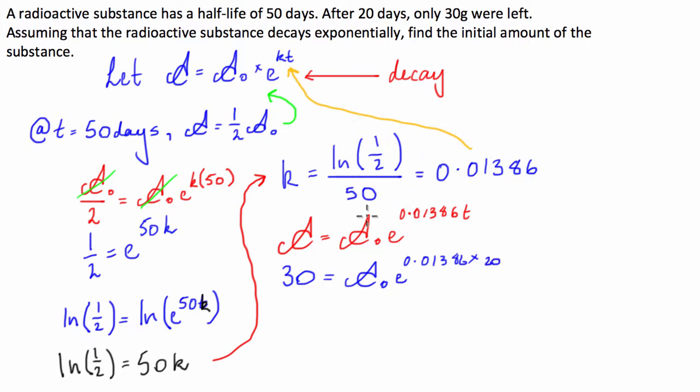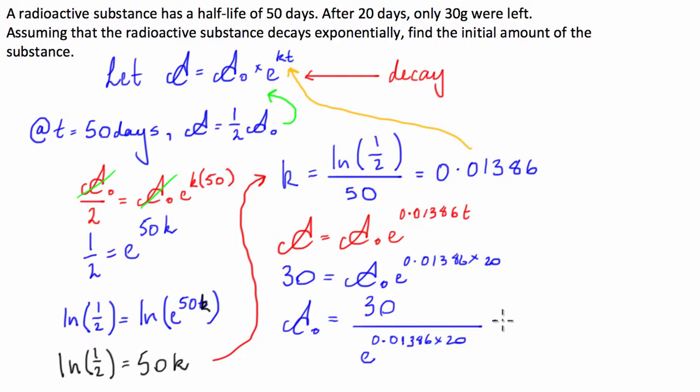Cool. So obviously, guys, with a little bit of simple algebra, we can say that our A naught value is going to be equal to 30 divided by e to the power of 0.01386 times 20.